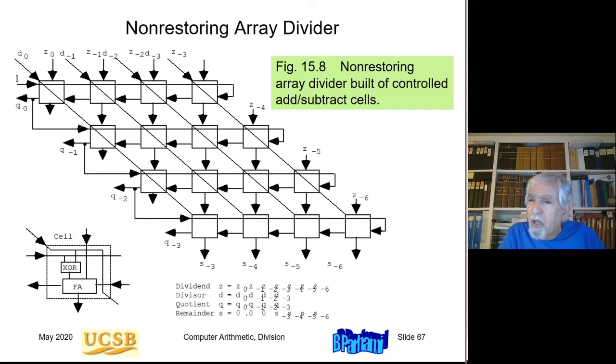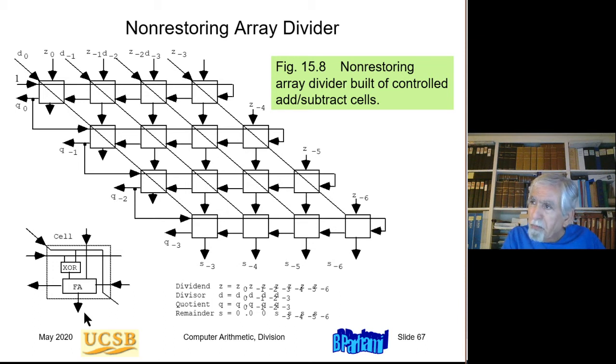Now this is a non-restoring array divider. Once you understand the first one, this is not that hard. This one also has a bunch of cells, and these cells are now a full adder and an XOR gate that allows us to do addition or subtraction.